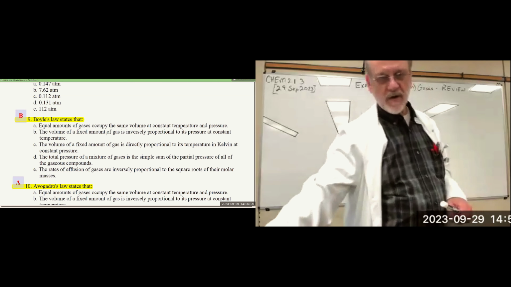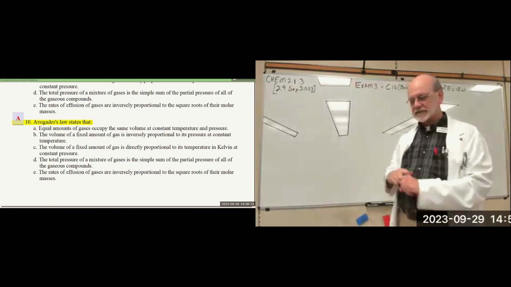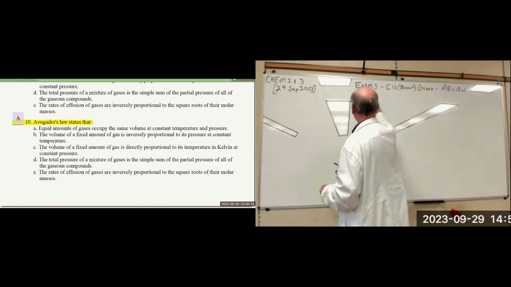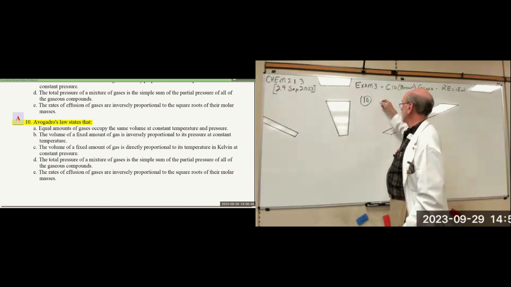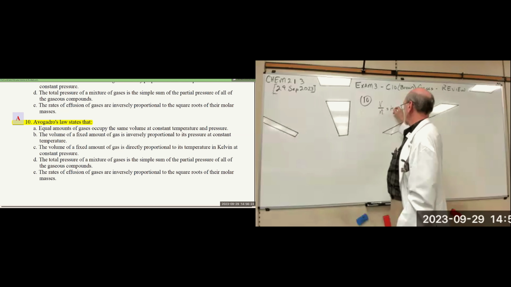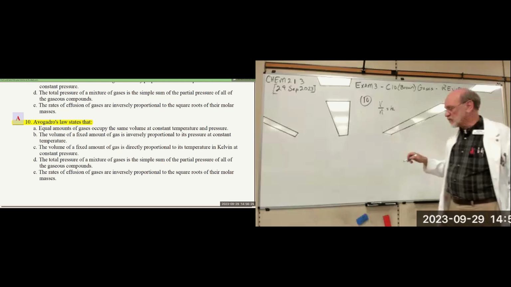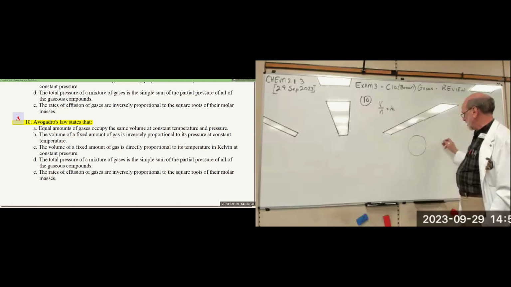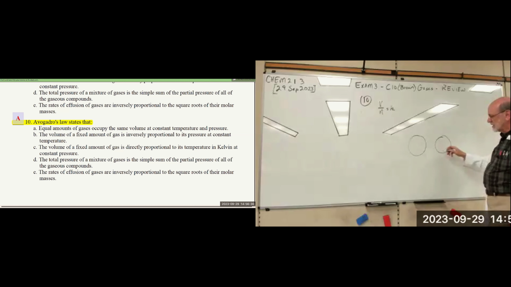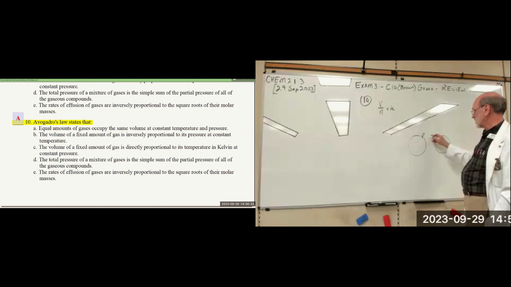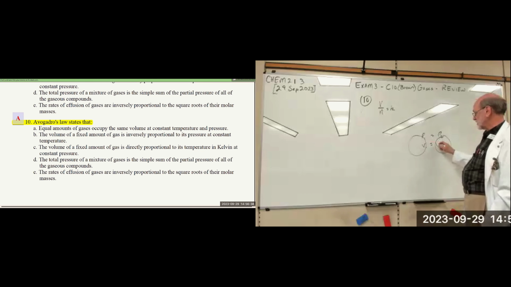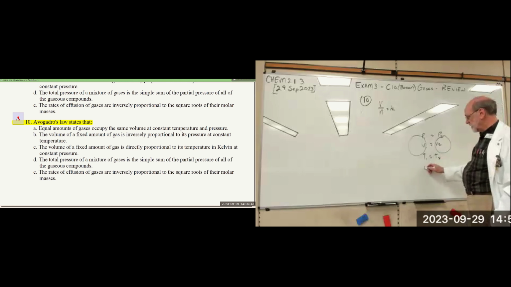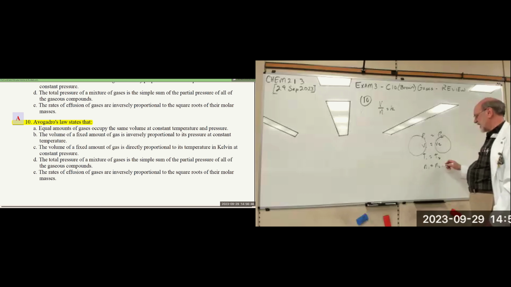How about Avogadro's law? Remember Avogadro? If we write it mathematically, it's a relationship of volume to moles equals a constant. But I like the expression where Avogadro takes gases at the same pressure, pressure 1 equals pressure 2, the volume is the same, and the temperature is the same, then the moles have to be the same.